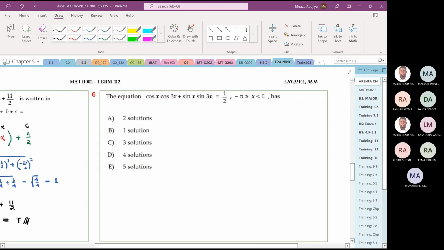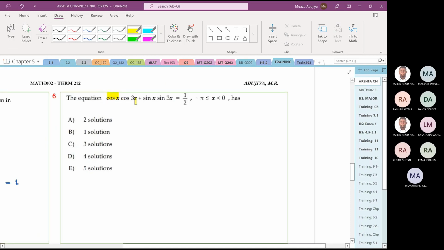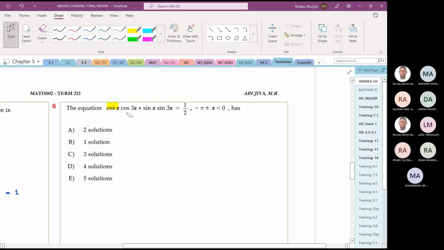Okay, now we have an equation here. The question says the equation of cosine of x, cosine 3x, sine x, sine 3x. We have good news because we know that this one is a property. Cosine, cosine, and sine, sine. That is a property, of course, for the difference of the angle for the case of cosine.